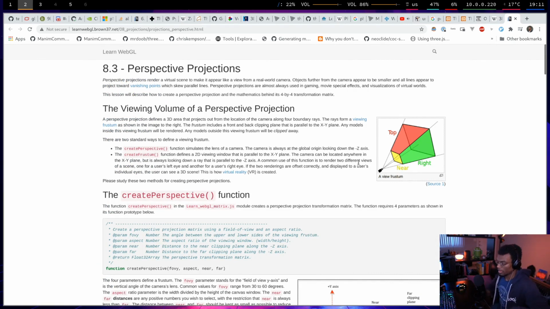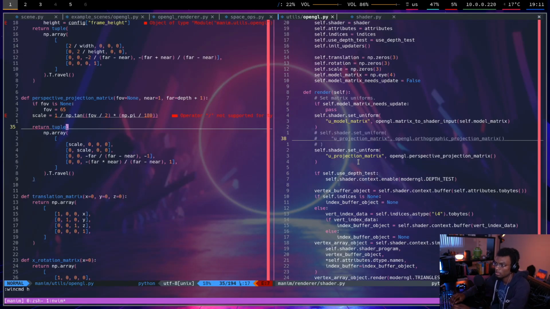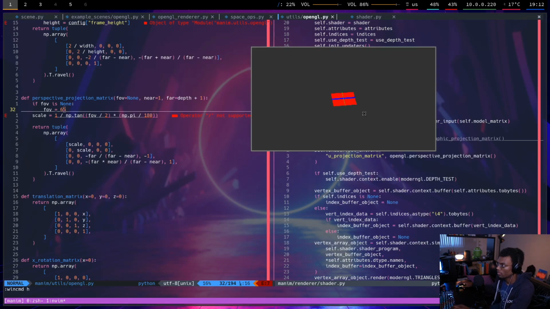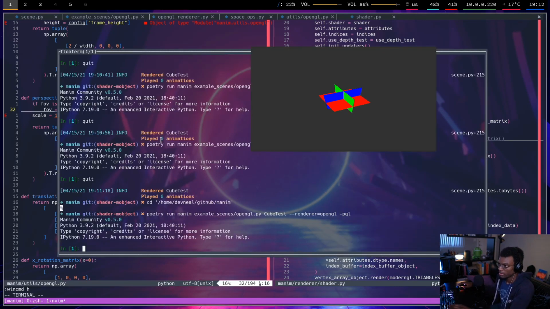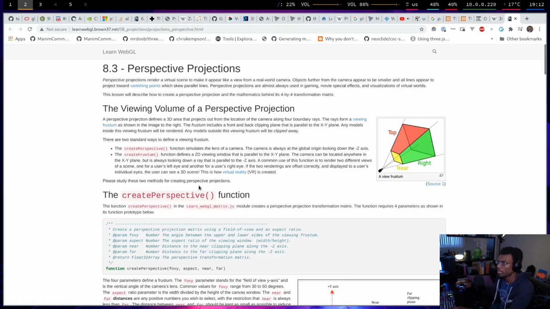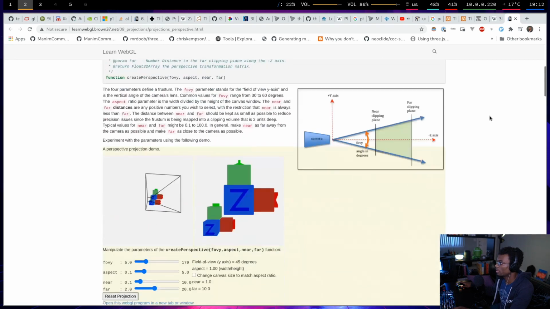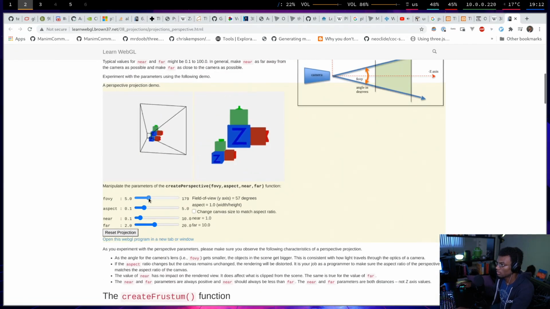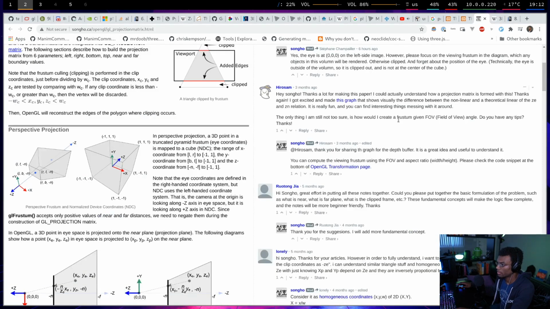So the question is, how can I make this not be a rectangle? Because no one would probably use it like this. I think I'll need a more complicated formula for the projection matrix. Like, I don't know if only the field of view is enough parameters.